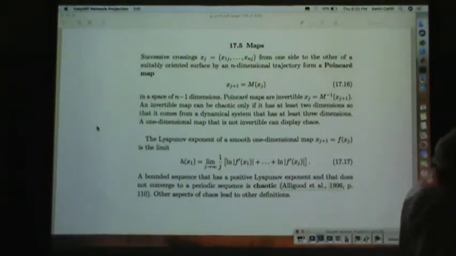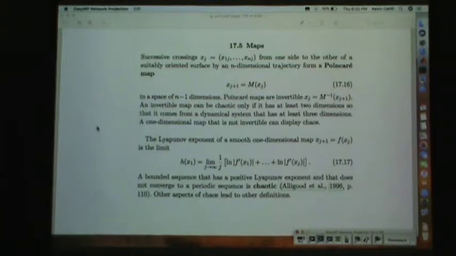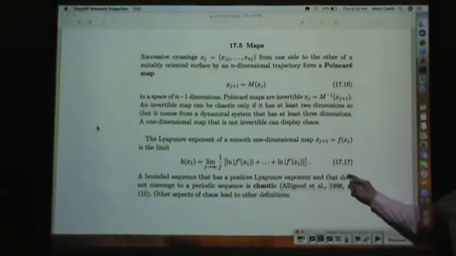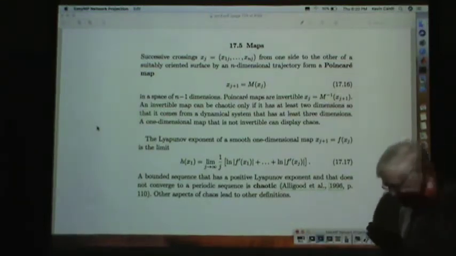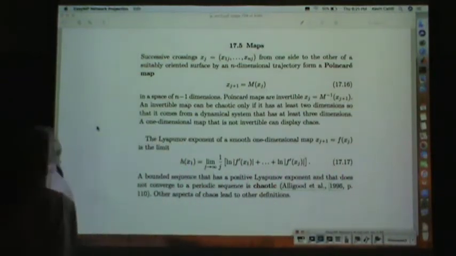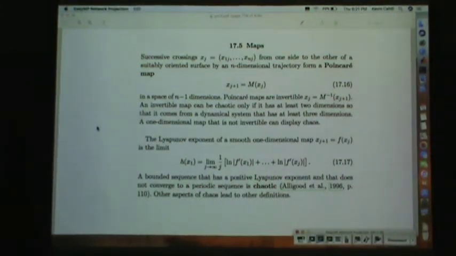I see that I said something wrong a little while ago when I said, well, you're on a torus, you can't get infinitely far away. The deal, I think, is that with the Lyapunov exponent, even if you were in a bounded region, if you shrink the difference in the starting point sufficiently, you can get exponential divergence.